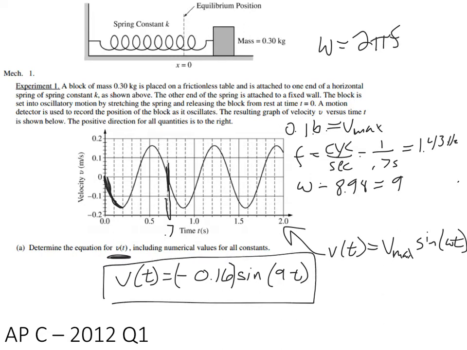Negative 0.16 sine 9t. Now, this was a whopping 4 points. There was 1 point for getting this equation with the negative.